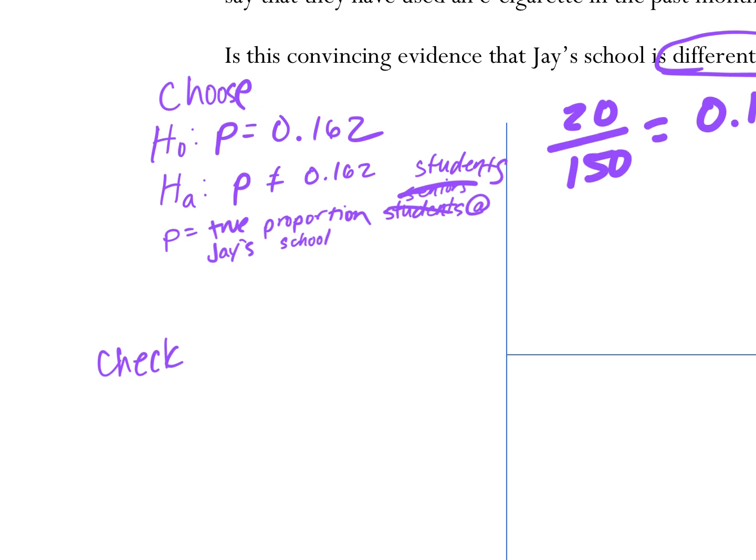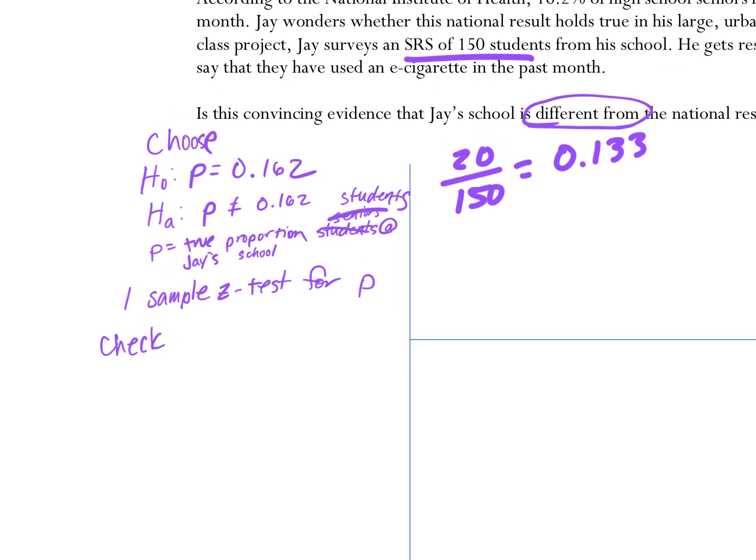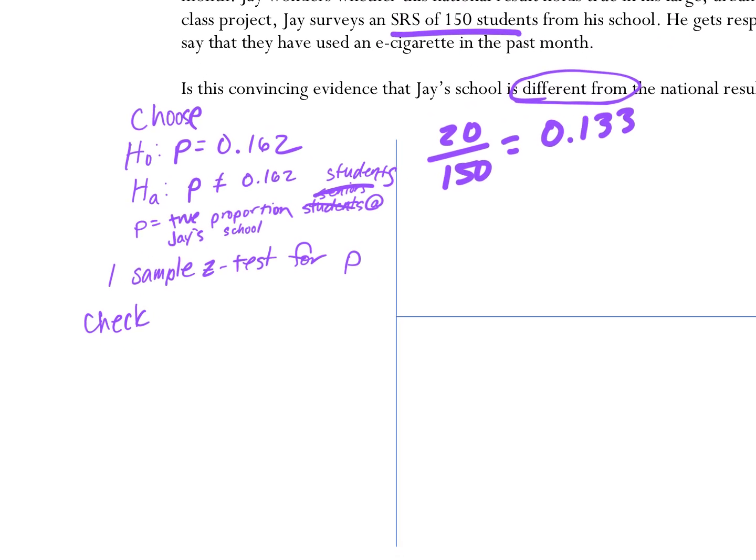We've done everything but the actual choice. What procedure should we use? A one sample Z test for P. Do we need to write them separate, or can we write one sample Z test for each true proportion there?